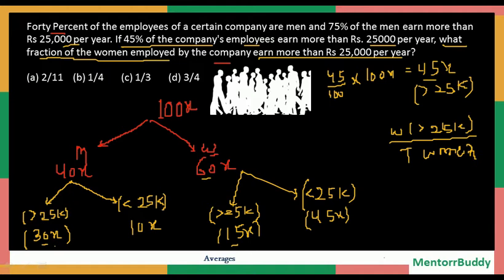So the women earning more than 25,000 are 15x and the total women are 60x. Solving this, x will be ruled out, that will be equal to 1 by 4. So we can see that is option B. So the correct answer is going to be option B, that is 1 by 4.